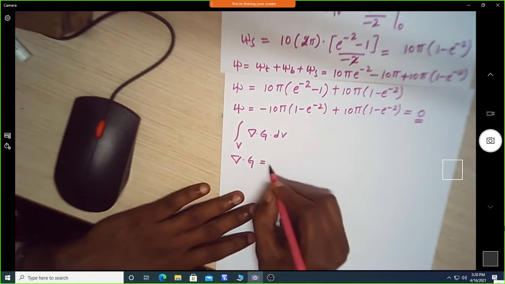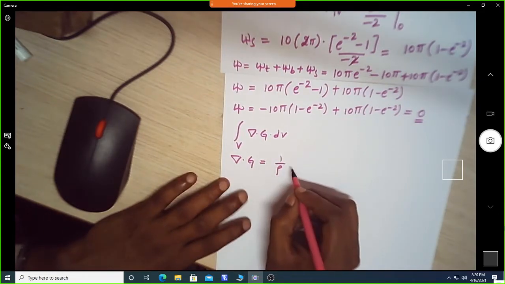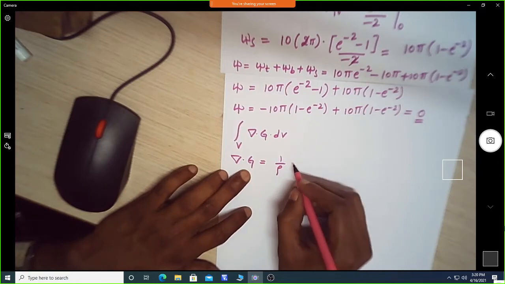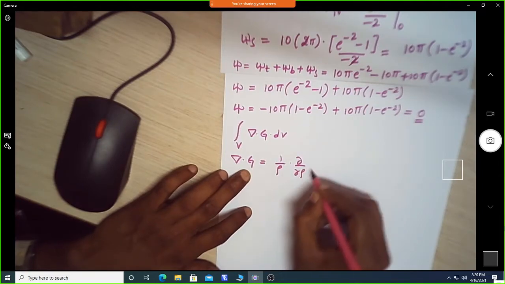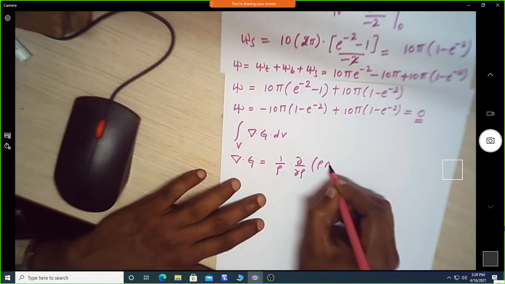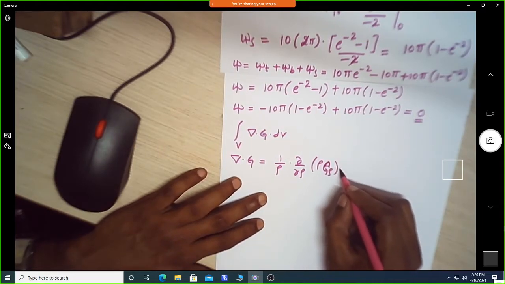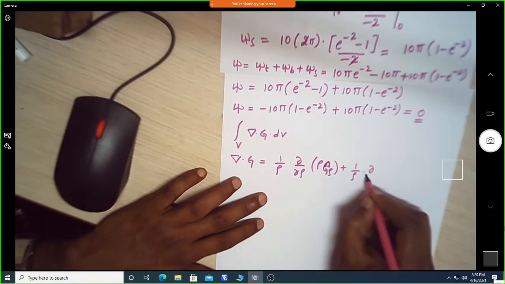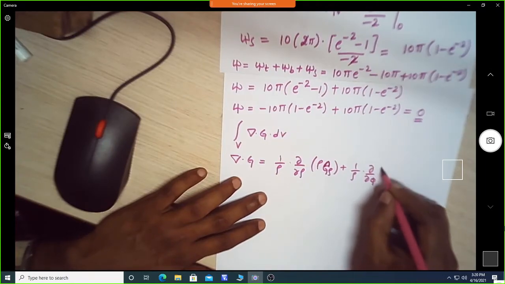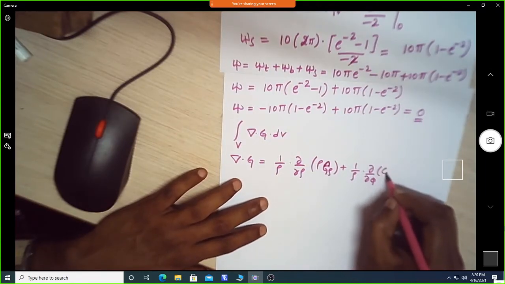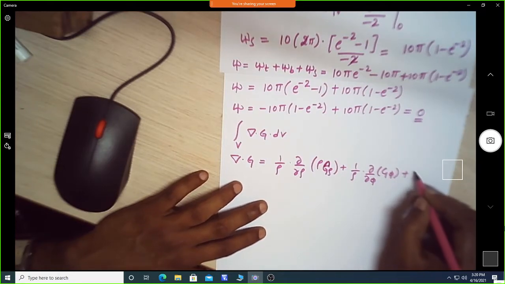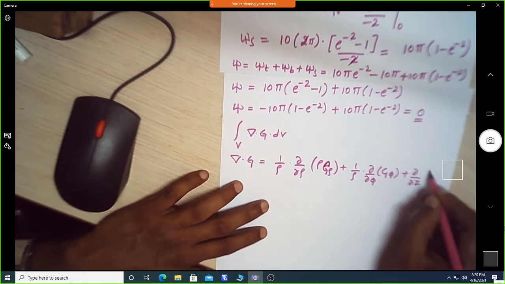We know that in the cylindrical coordinate system, del dot G is nothing but 1 by rho into del by del rho of rho into G rho, plus 1 by rho into del by del phi of G phi, plus del by del z of Gz.